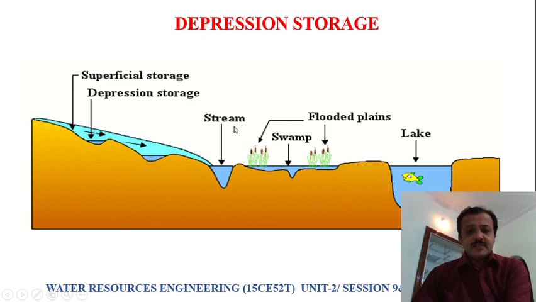Whenever the rain occurs, first the rainwater fills the depressions, and the remaining rainwater only will flow over the land. This part of the rainwater which gets stored in the form of depressions, we call it as depression storage. Examples for depression storages are lakes, swamps, and also ponds, reservoirs, etc.